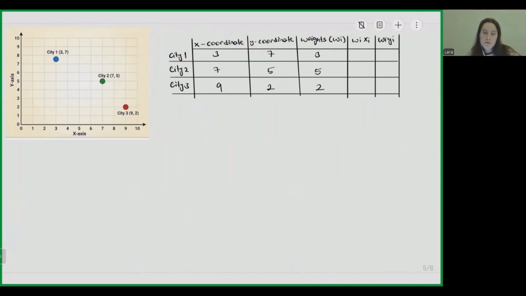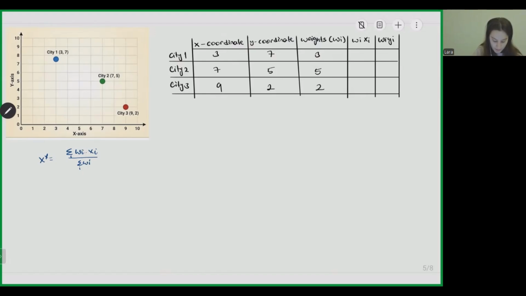So what we are going to do is, already we saw it actually in the formula, we are going to see x star and y star value. So to do that, we have to remember what x star and y star was. So x star was the summation of the multiplication of the weights times the x-coordinate, so wi times xi, and then we're going to divide that by the weights, so the sum of wi.